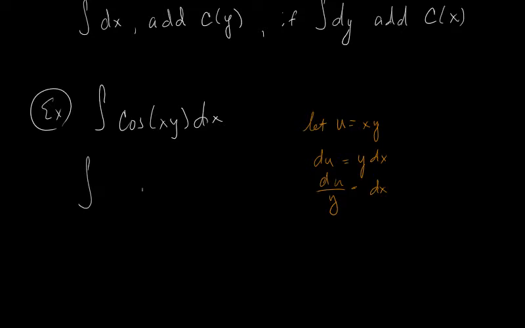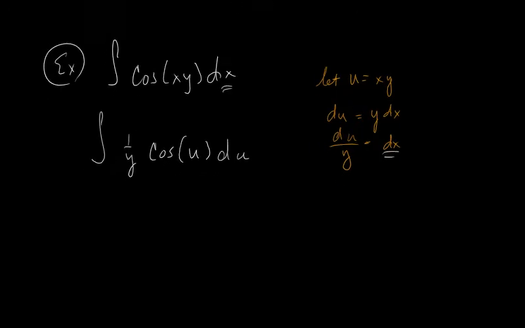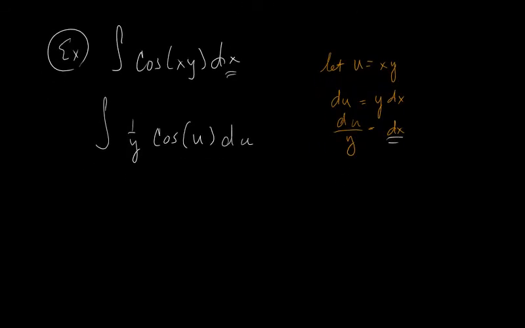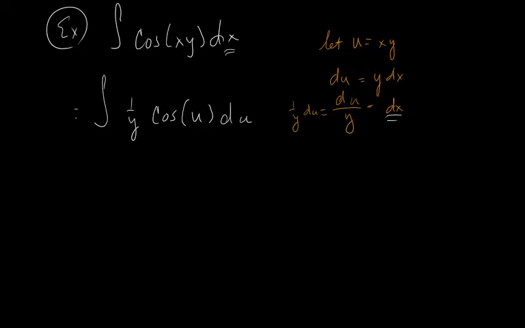So this is going to be the integral of cosine of u, and dx gets replaced with du over y. So I'll just put the 1 over y out front and put the du out here, because du over y is just 1 over y du. All right, so the 1 over y comes out as a constant because it is not part of what we're integrating with respect to. We get cosine of u du.